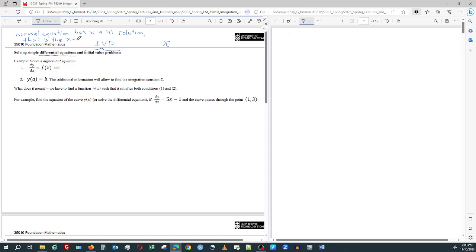This is a new class of equations. A DE doesn't have an x-intercept as its solution.